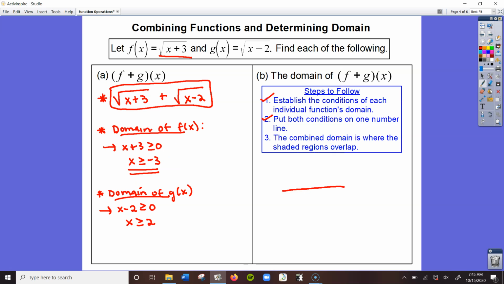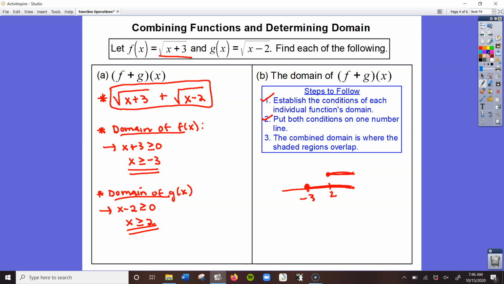So here's my number line. I'm going to put both of those numbers from my conditions, so negative 3 and 2. For this first one, x has to be greater than or equal to negative 3. And for the second one, x has to be greater than or equal to 2. The combined domain is where the shaded regions overlap.